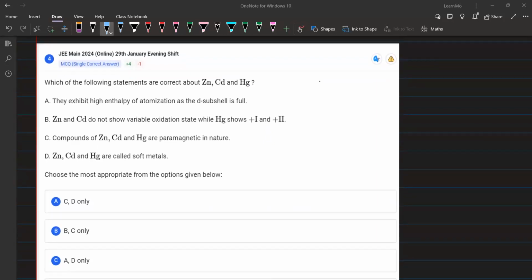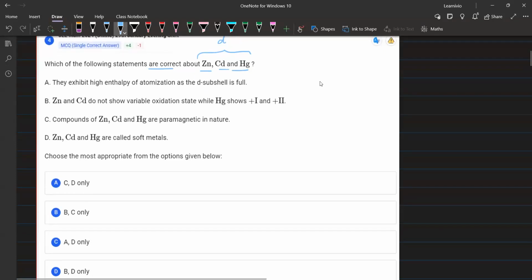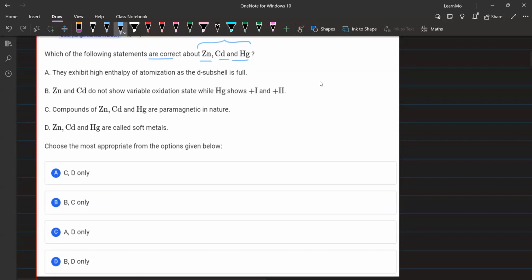Which of the following statements are correct about Zn, Cd, and Hg? The important thing about Zn, Cd, and Hg is that all of these have d10 configuration. Okay, so please try this. These are the options.